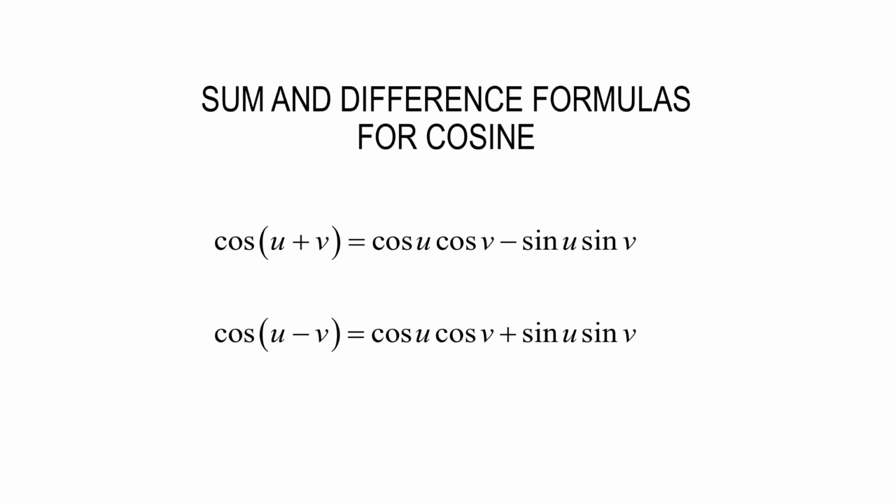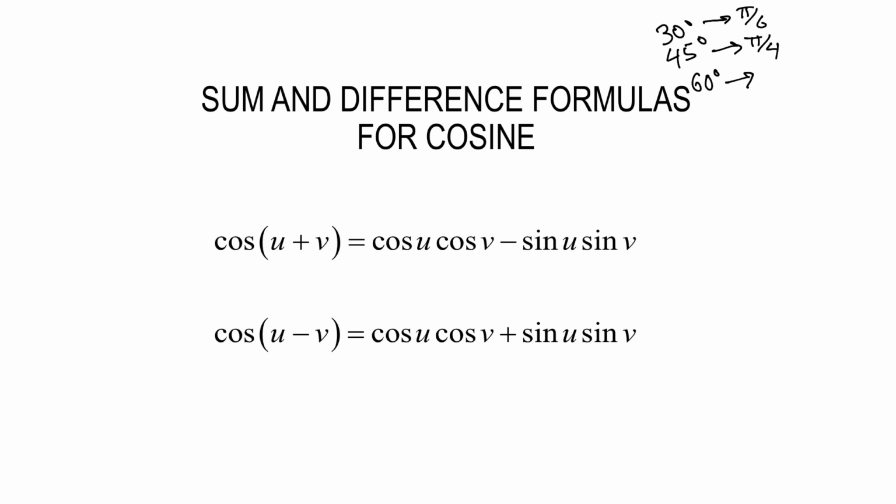One of the ways that we use these is that we do have some special values for sine, cosine, and tangent. We know that, for example, 30 degrees, 45 degrees, 60 degrees, not to mention 0, 90, 180, 270, 360, all have those special exact values that we know from our unit circle. 30 degrees is the same as pi over 6, so in radians, we express these this way.